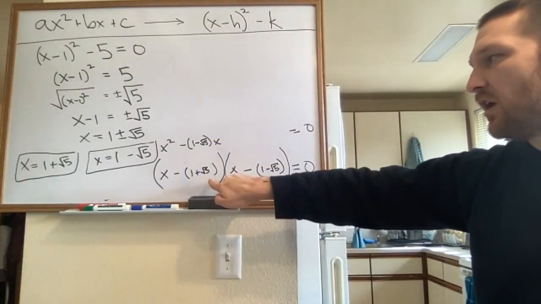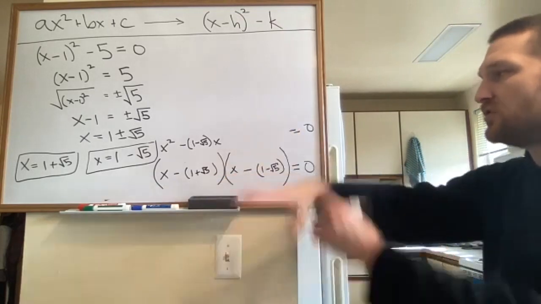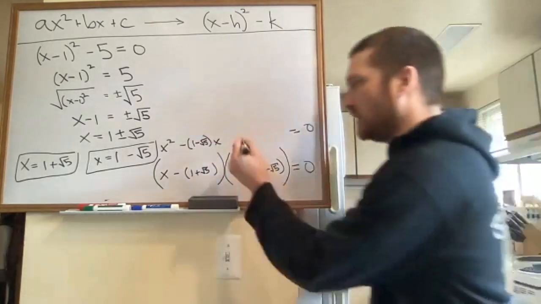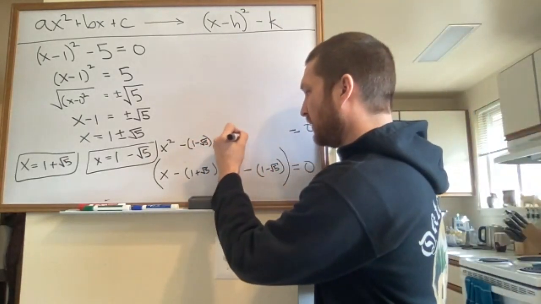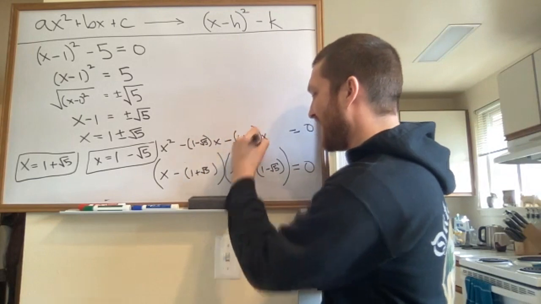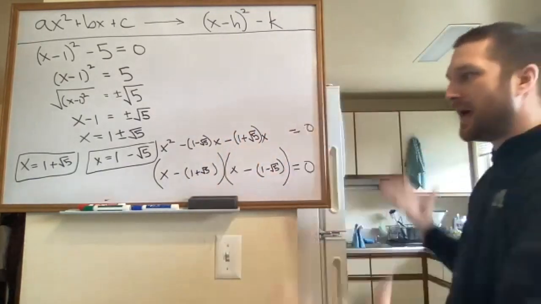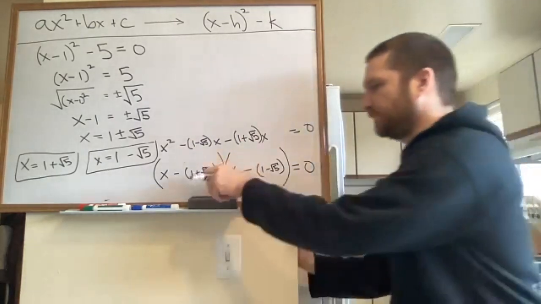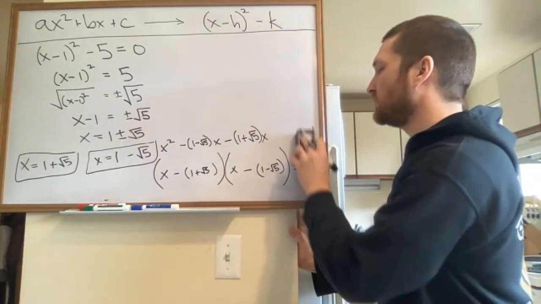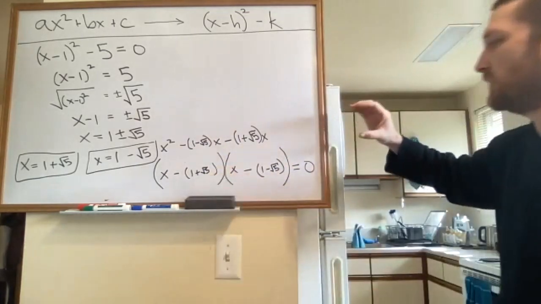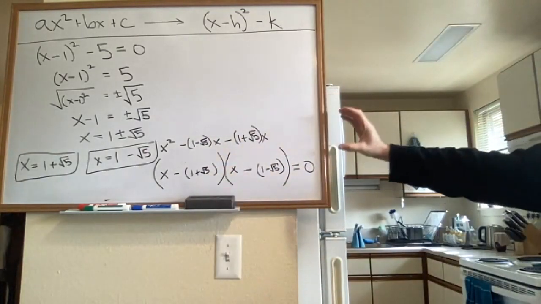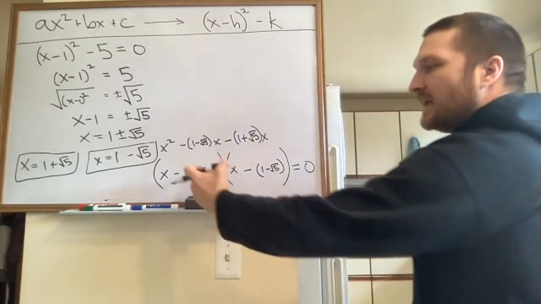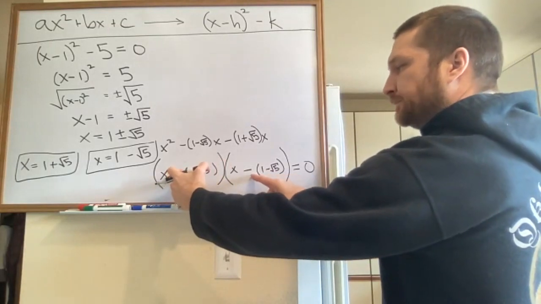So for the inner, I'm going to do the same thing. Inner is going to be negative that number, so negative 1 plus root 5 times x. Oh my gosh. Right? Outer, inner. And now last. I'm going to have to give myself some more room, so you're going to have to imagine that there's a little equals 0 floating around over here somewhere. But the last is not bad, actually, because a negative times a negative is what?